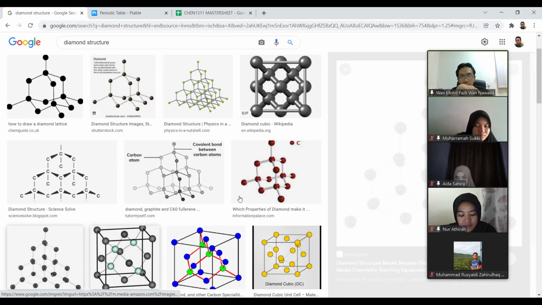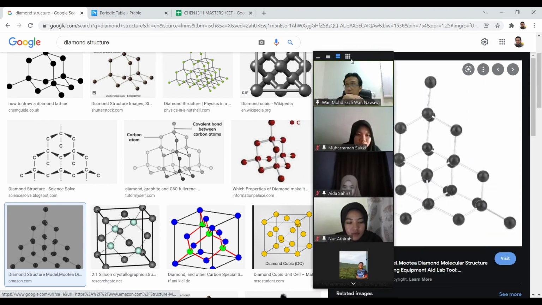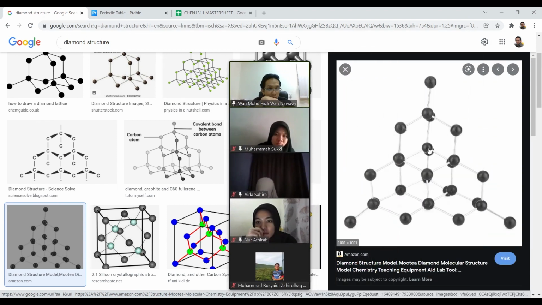So one atom of diamond is connected to 4: 1, 2, 3, 4. One carbon atom of diamond is connected to 4 other carbon atoms. So it's rigid, like a 3D network. So there are no leftover electrons.